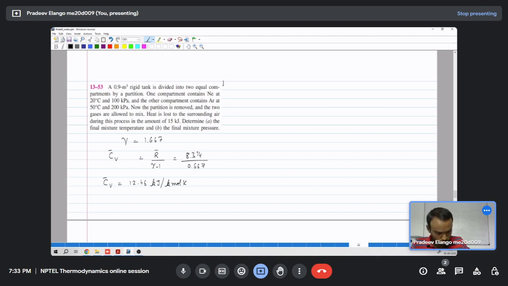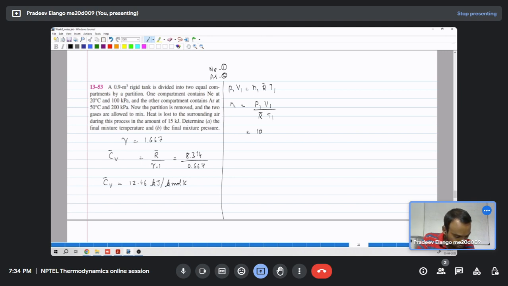Now we need to know the number of moles. So assuming neon is in the first container and argon is in the second container, P1 V1 equals N1 R bar T1. Here N1 is the unknown. We have N1 equals P1 V1 by R bar T1.